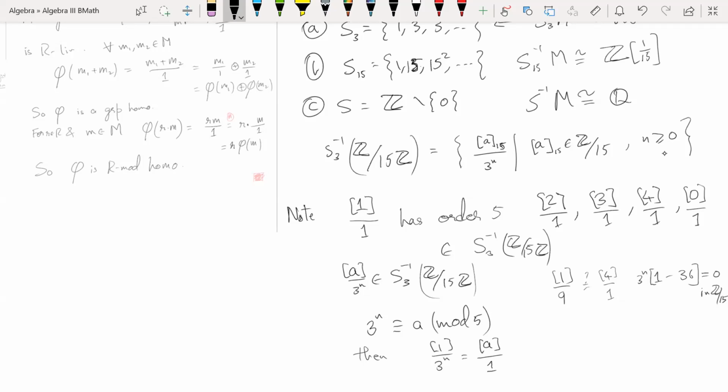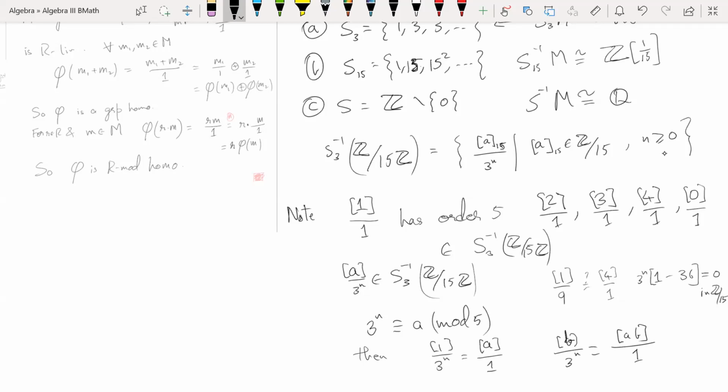So the class of B over 3 power n is just going to be the class of AB over 1, where A is congruent to 3 power n mod 5.